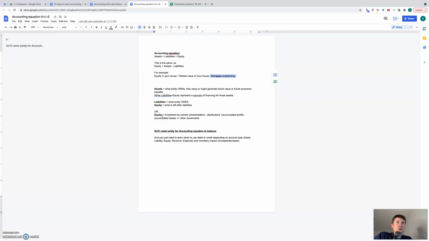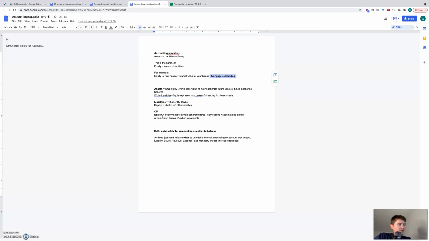And so what about debits and credits? And that's where things get complicated, because you can Google the definitions of debit and credit, but those definitions won't say much. They might say that debit is an increase in something and credit is a decrease or something like that.